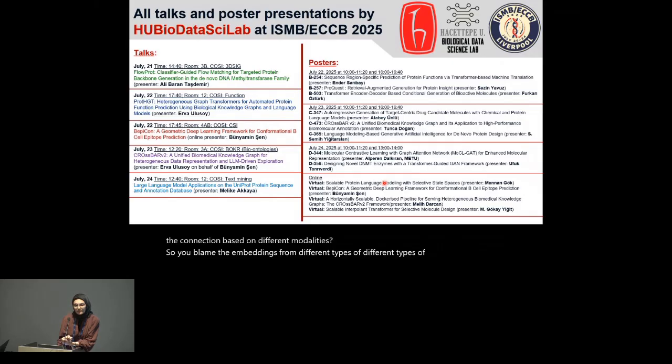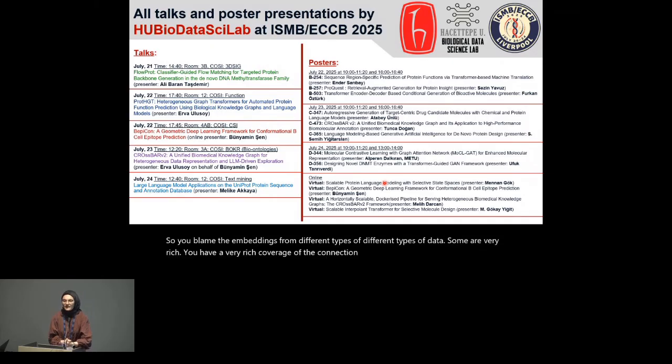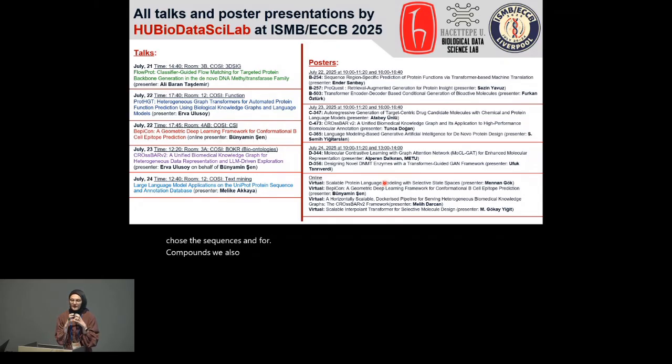Some are very rich, you have a very rich coverage of the connections, and others I get that. So we try to choose the modality type that has the widest coverage. So, for example, for proteins, we chose the sequences, and for compounds, we also choose their SMILES or SELFIES embedded notations. So we choose the widest coverage ones.